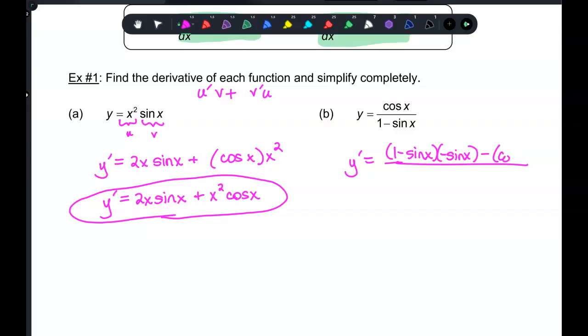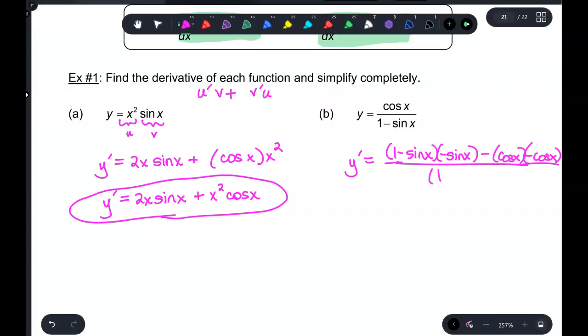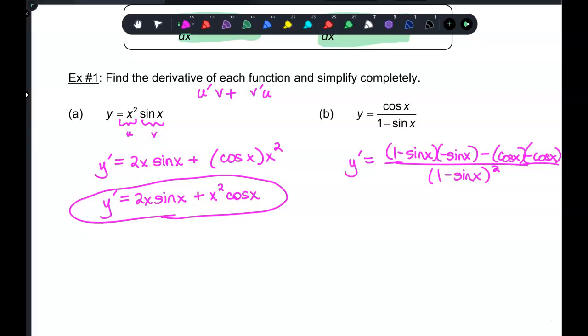Take the numerator times the derivative of the denominator. So it's going to be a negative cosine, because the one becomes a 0 minus the derivative of sine, which is cosine. And we put that all over 1 minus sine x.